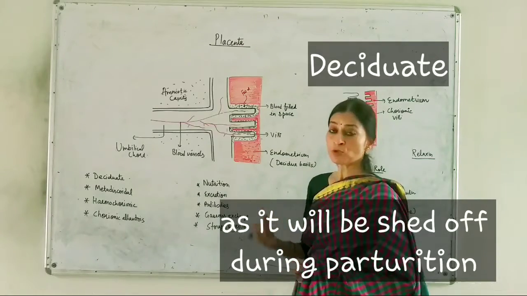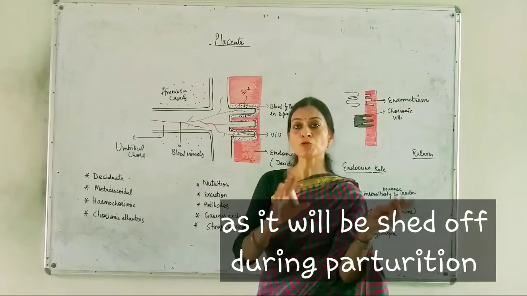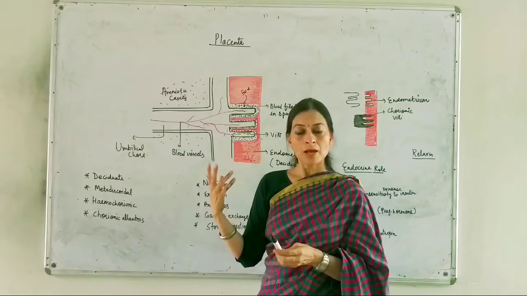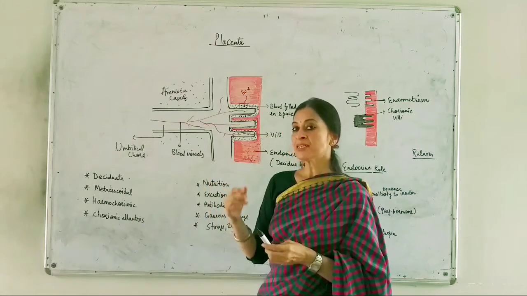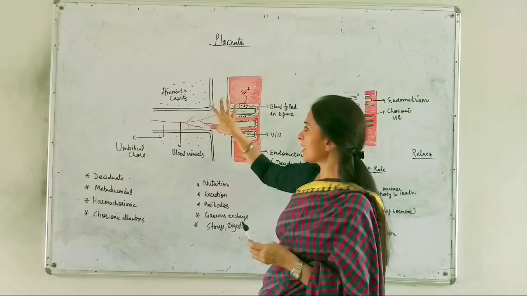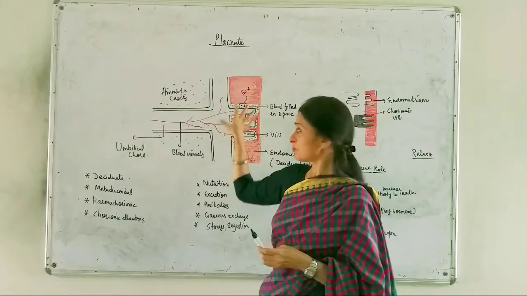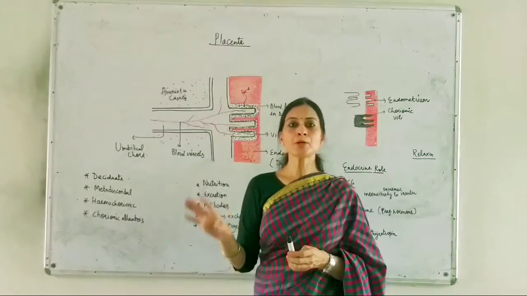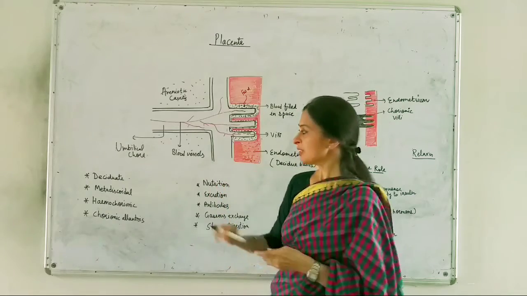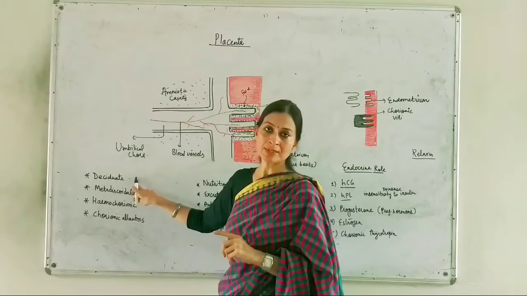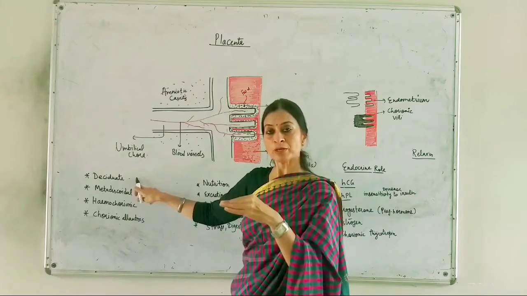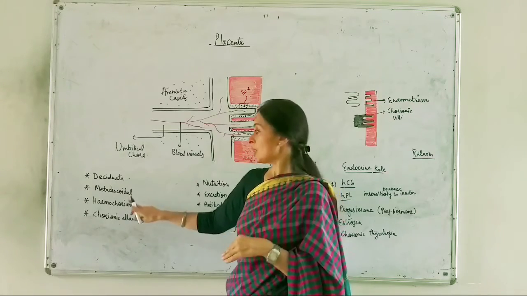Because when the fully grown fetus is born, this part, the decidua, and this chorion, this common tissue, will be shed off and removed from the body. So it is a temporary tissue, a deciduate type of placenta. It will be removed from the body at the time of birth of the baby.